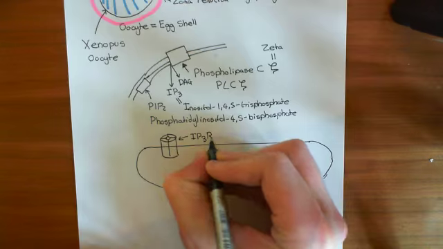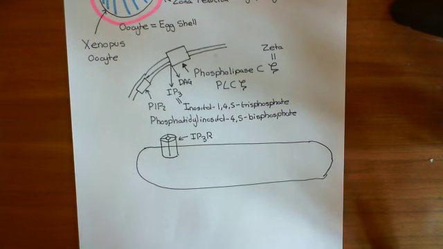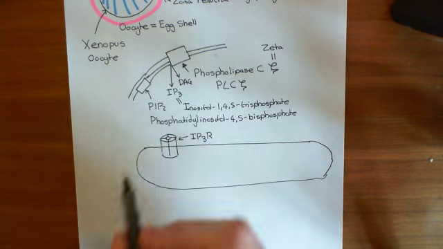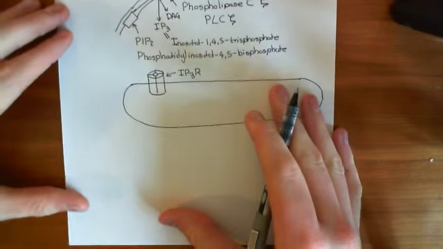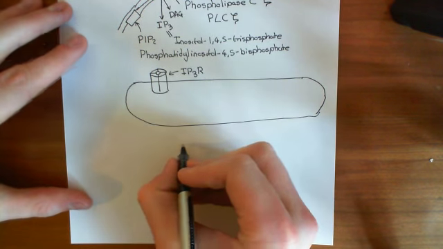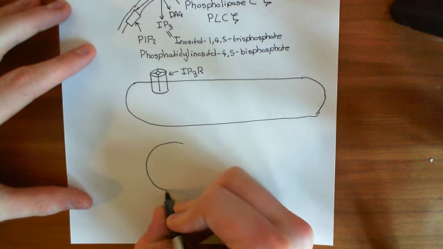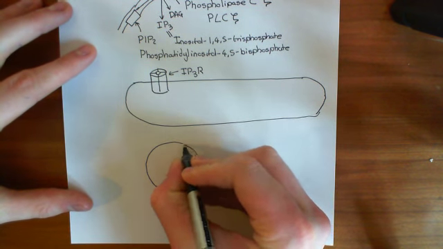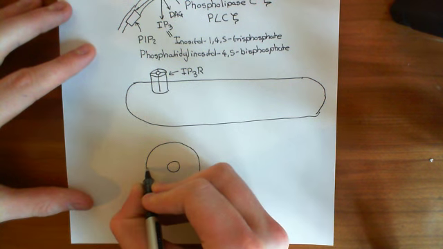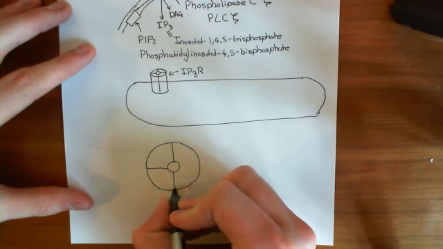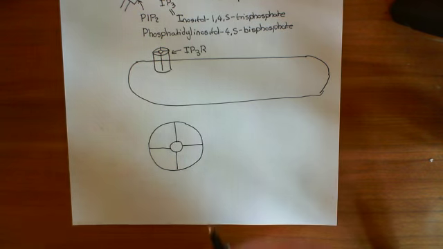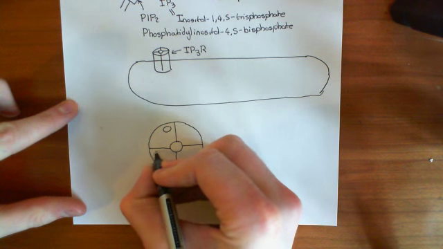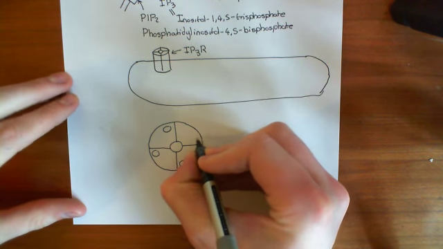Now, before IP3 binds to each one of these subunits of the IP3 receptor, what IP3 receptors have available is an inhibitory calcium binding site. So if I draw the top surface of this IP3 receptor here so that we can discuss this in more detail, there are 4 subunits here, here, here, and here. Before IP3 binds, what you have available is what I will call an inhibitory calcium binding site.